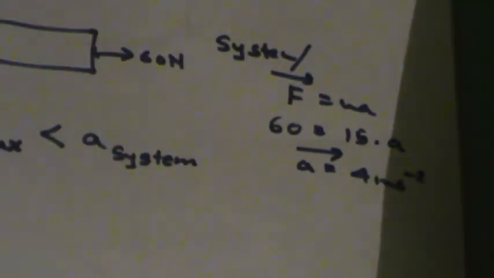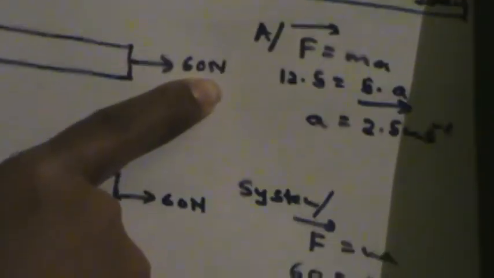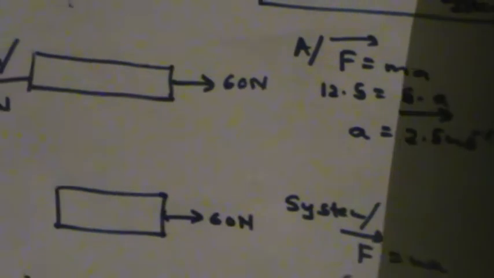So let's find out. If you are considering A, the only force that is acting on A is 12.5 newtons, and we found the acceleration of A. Now since B is not going with A as a system, we have to find the acceleration of B separately. So if you are considering B, you can put F equals ma in this direction. The total applied force is 60 newtons, the total opposing force is 12.5 newtons, so B moves.